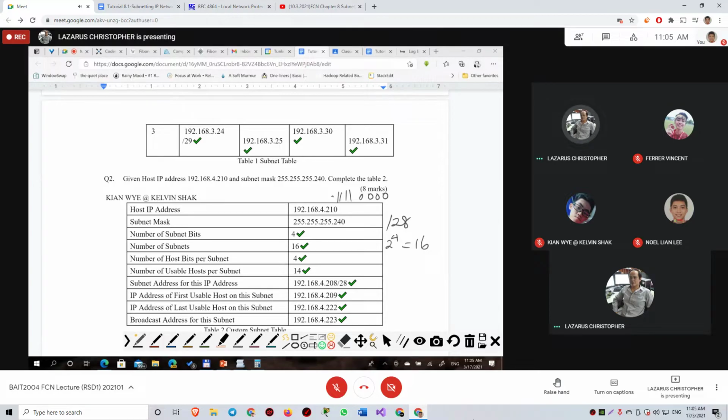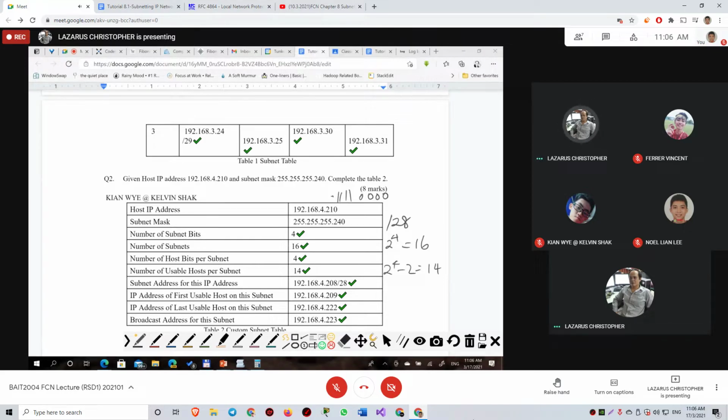Number of host bits per subnet, count the zeros: 1, 2, 3, 4. So 4. Number of usable hosts per subnet, the formula is 2 power n, which is 4, minus 2, get 14. So that part is straightforward.